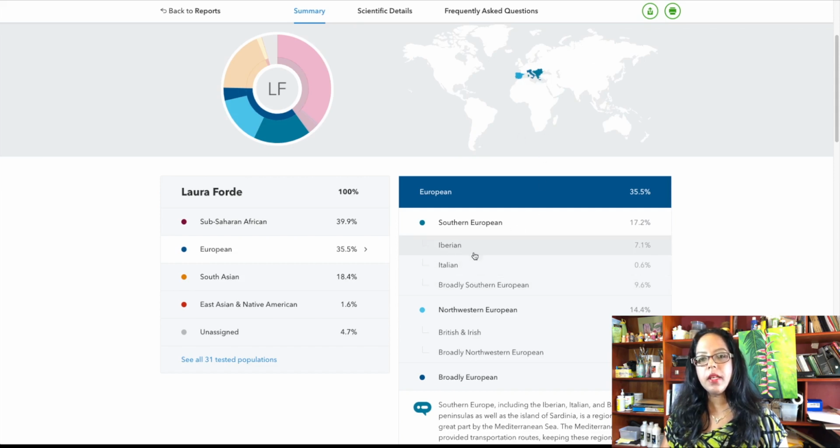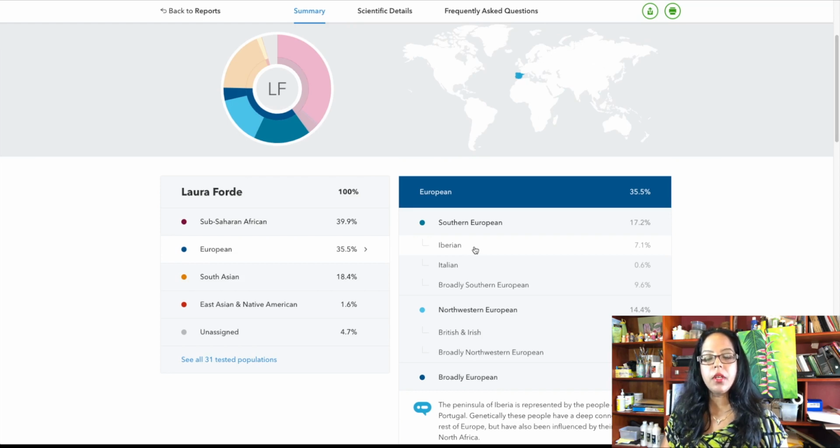And then that is broken down even further. So I am 7.1% Iberian. Now the Iberian, the peninsula of Iberia is represented by the people of Spain and Portugal. So I do know from speaking to my mom that I had ancestors from Spain and Portugal. So that's represented there.